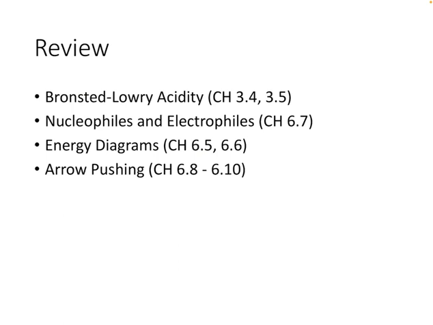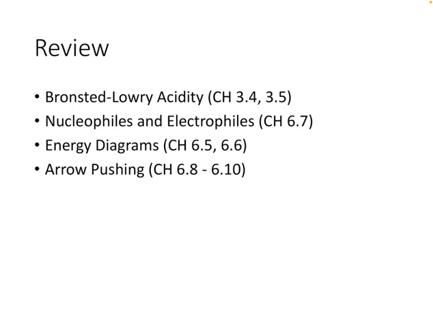So the first topic is Bronsted-Lowry acidity, and that's covered in chapter 3 of either Klein textbook, the second or the third edition. I also encourage you to make sure you understand nucleophiles and electrophiles, as well as energy diagrams and arrow pushing mechanisms. And all of that can be found in chapter 6.